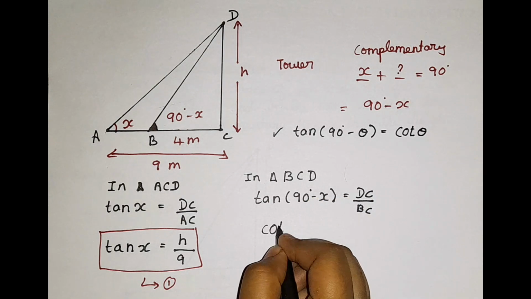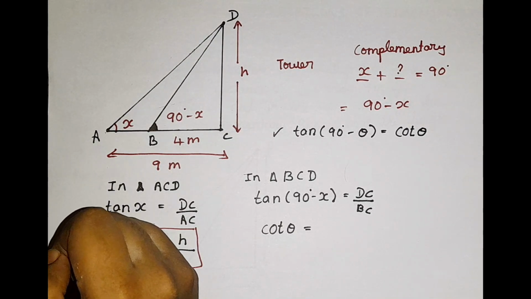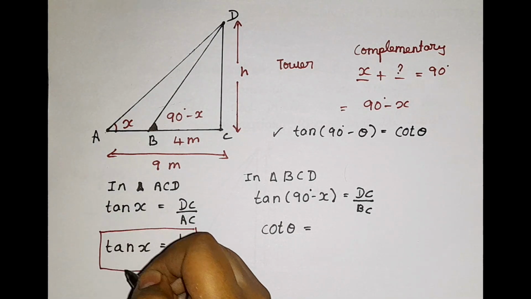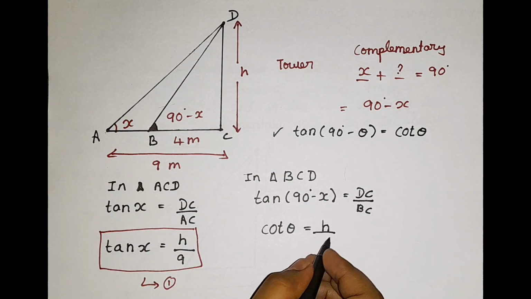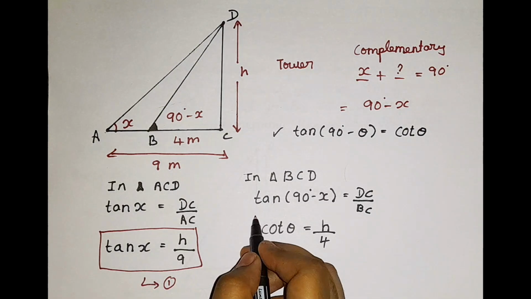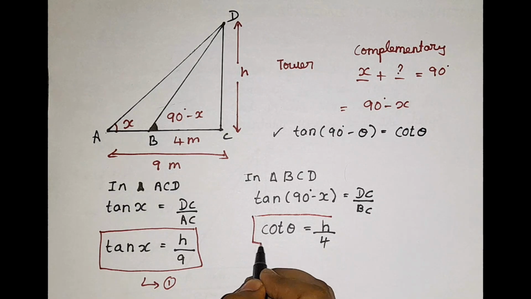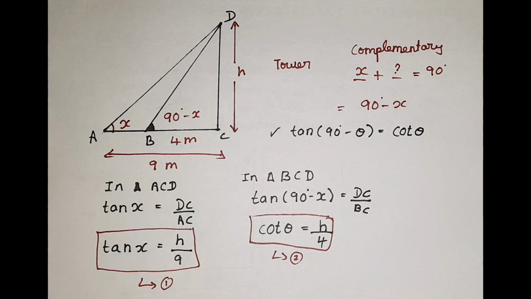So cot theta is equal to, so what about the DC? Here DC we just took as h. So h divided by, BC value is 4. Perfect. So now let us take it as equation number 2.